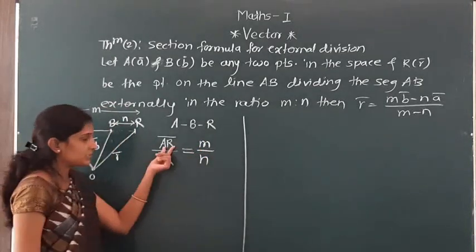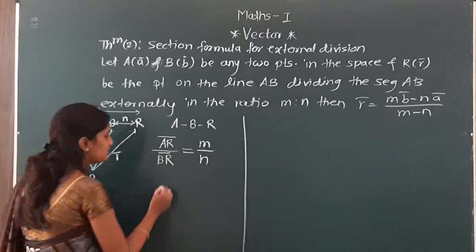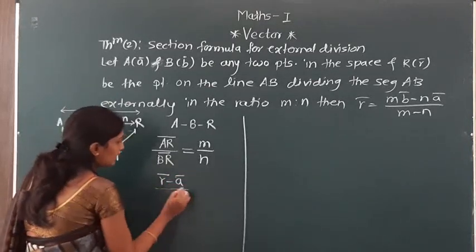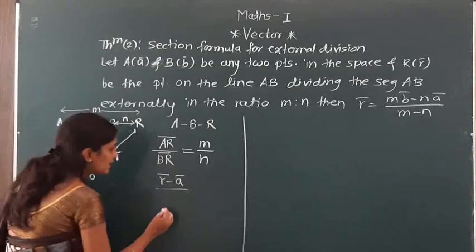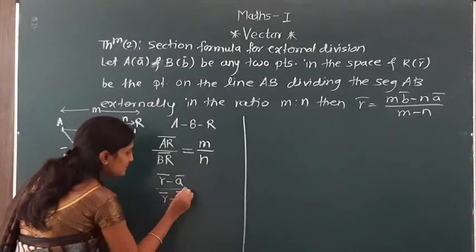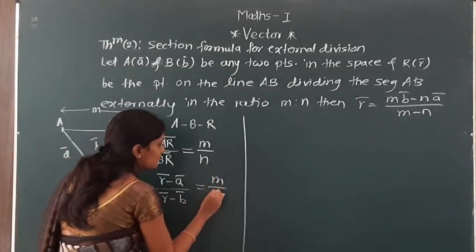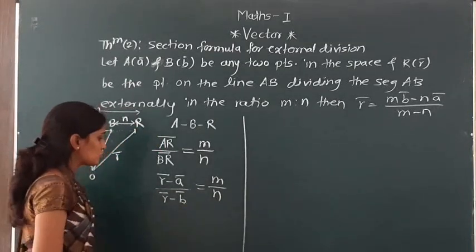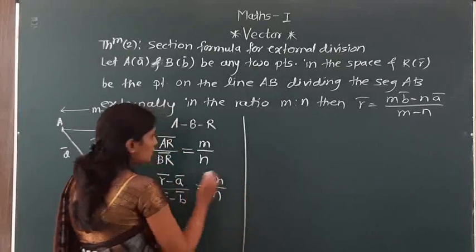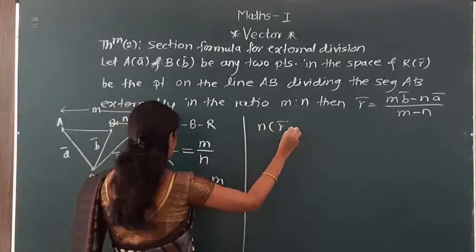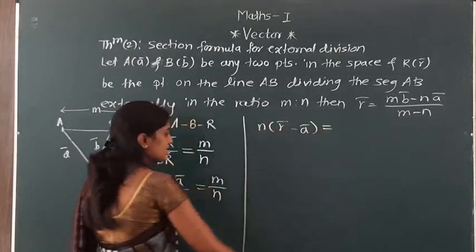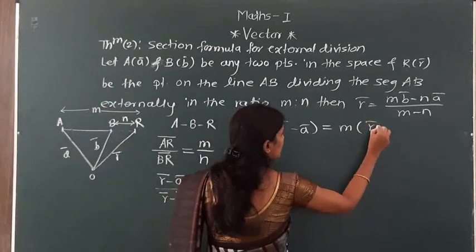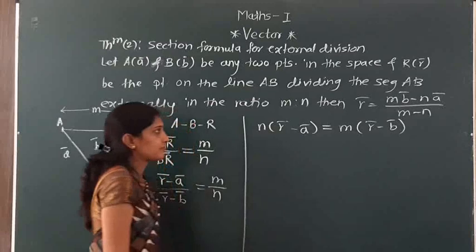Then by position vector, what is the value of AR bar? AR bar is R bar minus A bar, divided by BR bar, which is R bar minus B bar, and this is equal to m by n. We do cross multiplication. So n into (R bar minus A bar) is equal to m into (R bar minus B bar).